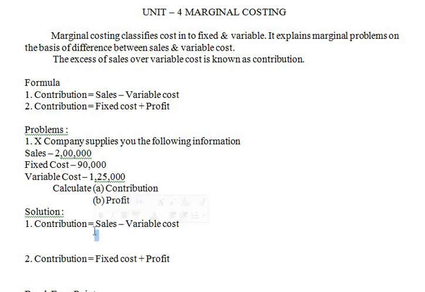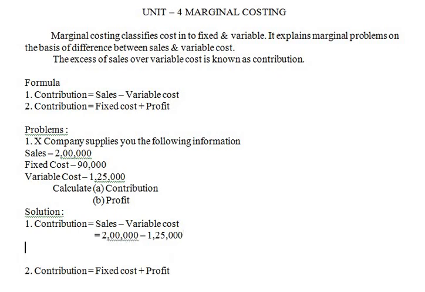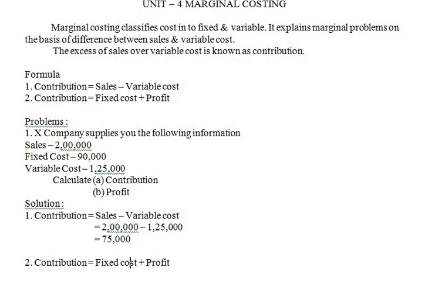Write down the formula: contribution is equal to sales minus variable cost. Sales is 2 lakh minus variable cost 1,25,000, so that will be equal to 75,000. Contribution is 75,000.